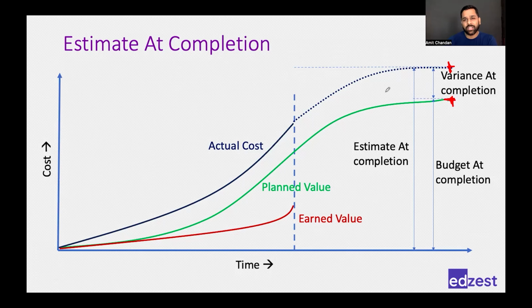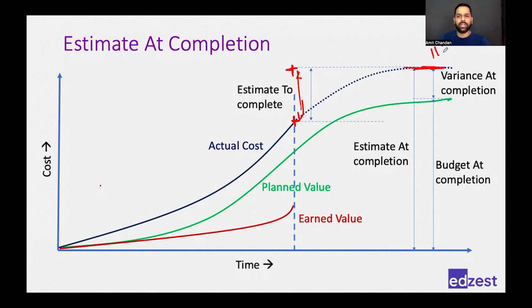Naturally, just by looking at this chart and this forecasting, we can say that we need more money than what we had planned. Hence, my variance would be negative. Variance is BAC minus EAC. And from the point where we started forecasting till the end, we need this difference.